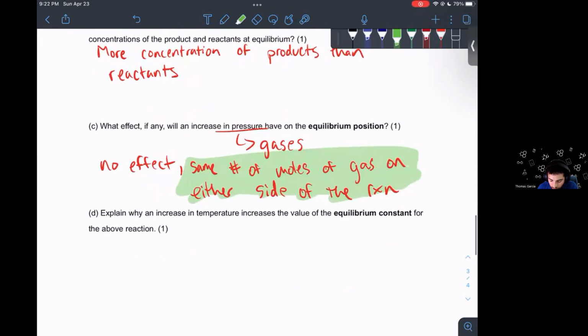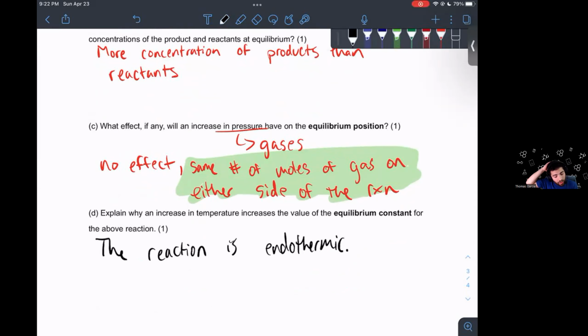All right, D. Explain why an increase in temperature increases the value of the equilibrium constant for the reaction above. Well, it turns out this is exactly the same as our last problem: the reaction is endothermic. Sorry, this is my bad. You should be more specific in equilibrium problems.